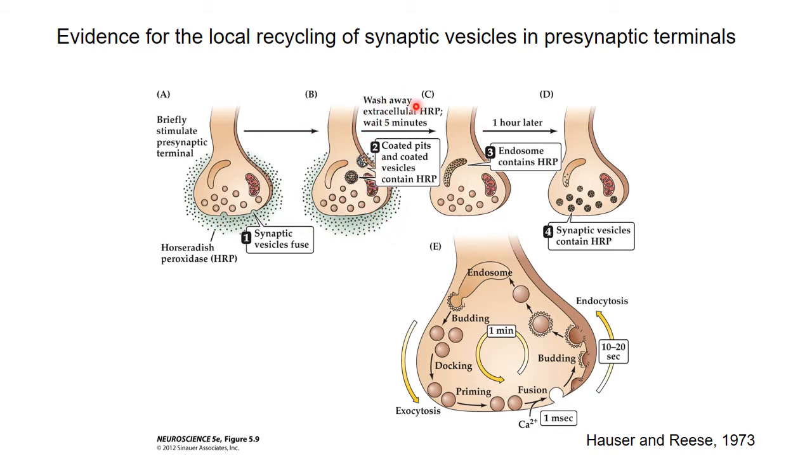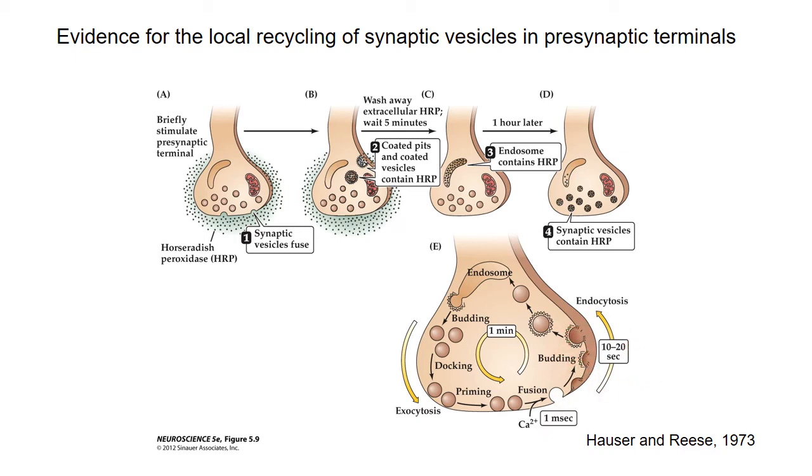Then they would wash away the HRP, wait for a while, and stain, and they would see that these synaptic vesicles contain HRP, which would suggest that they were formed when HRP was on the outside. So the idea was that this goes through clathrin-mediated endocytosis.